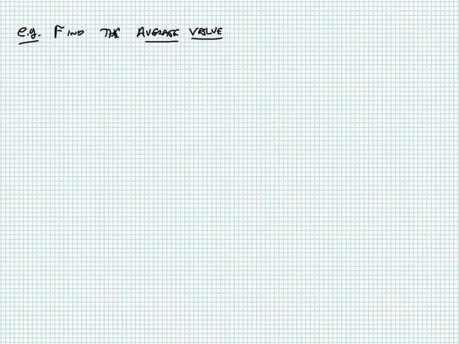So I want to find the average value of the function f of x equals x cubed on the closed interval from 1 to 3. Okay, let's not do x cubed. Let's do f of x equals x squared. It's just an easier function to deal with.